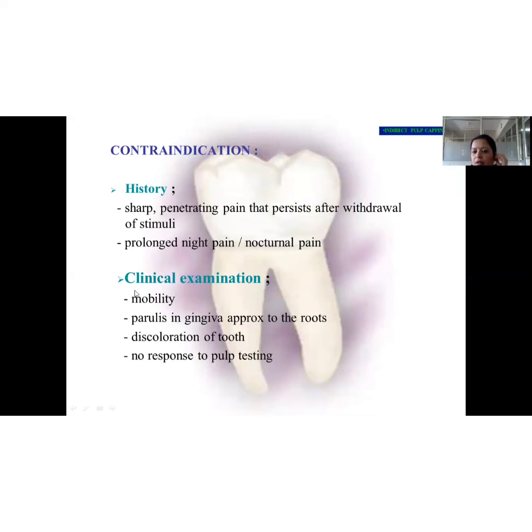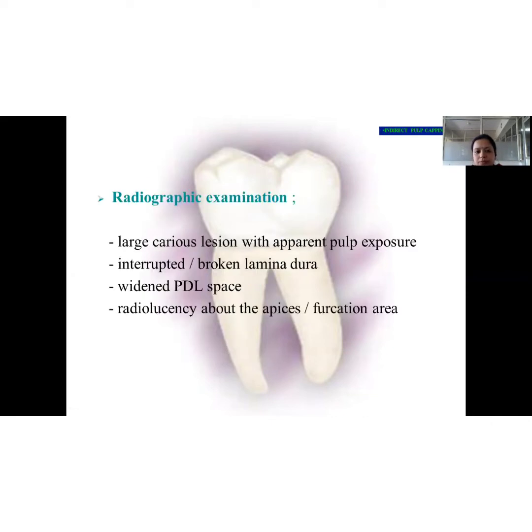So these are the contraindications. On radiograph, a large lesion with apparent pulp exposure, interrupted or broken lamina dura, widened PDL, or radiolucency about the apices, and tenderness to percussion. If present, indirect pulp capping is contraindicated.